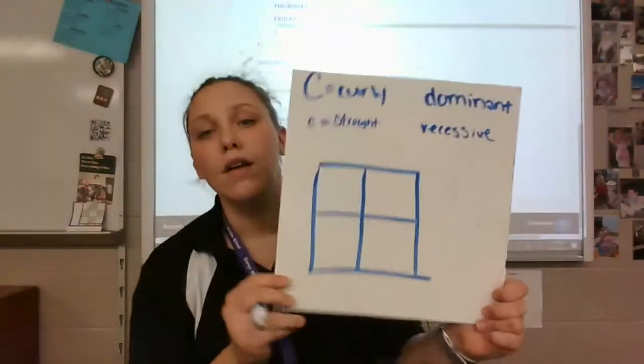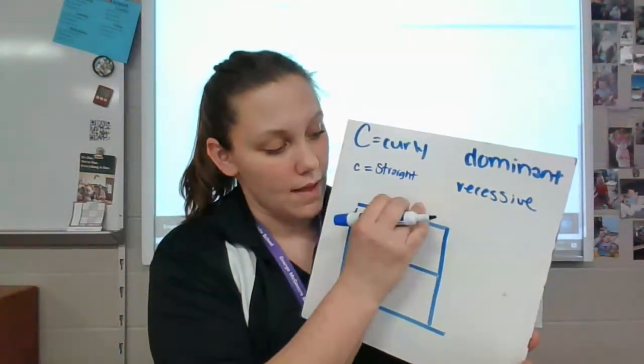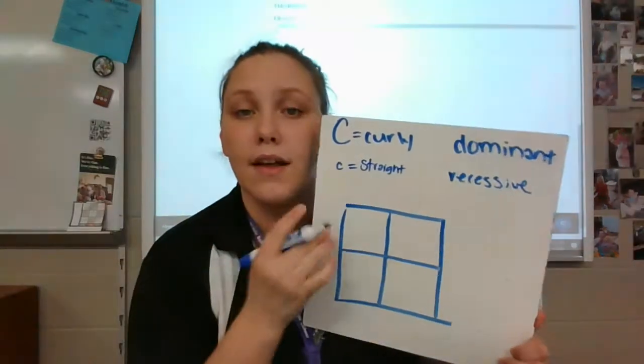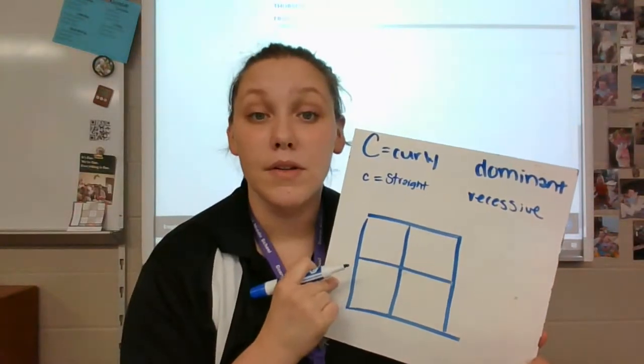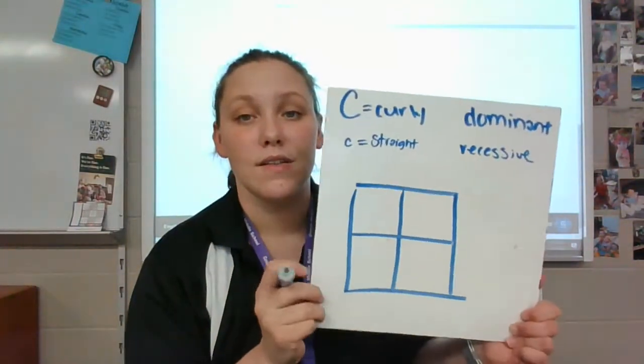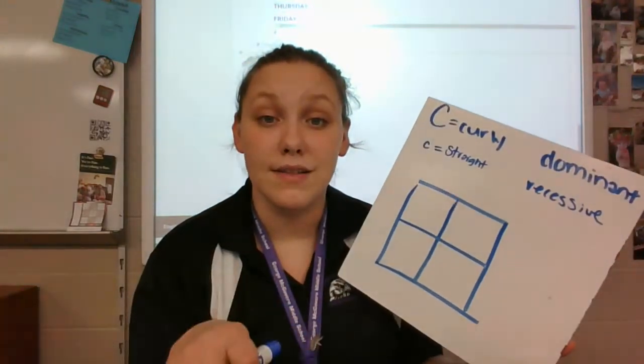Okay. In a Punnett square, the top we're going to say is where the male, the dad's traits will always go to make it consistent. And down the side is where we're going to put the mom's traits, her genotype. So for the dad in this case, we're going to say that dad has curly hair, and we're going to say he's homozygous dominant for it.